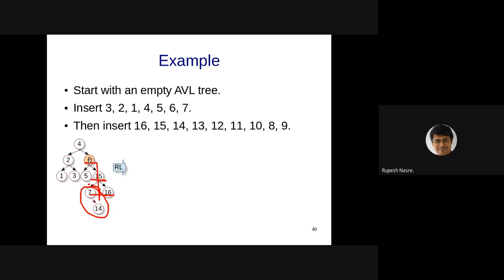There is a right subtree of 6 where the imbalance is happening, so the first one seems to be R. The second one is not L just because a right child is getting added. The intervening part here doesn't contribute to the case. It is decided by the right subtree of the imbalance node and the new node that is getting inserted, whether it is the right child or the left child.